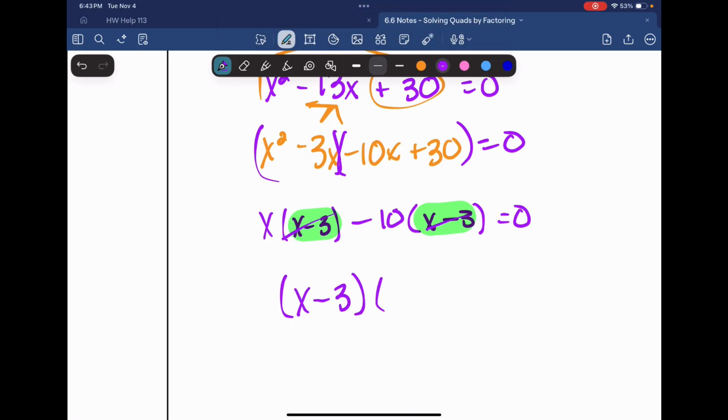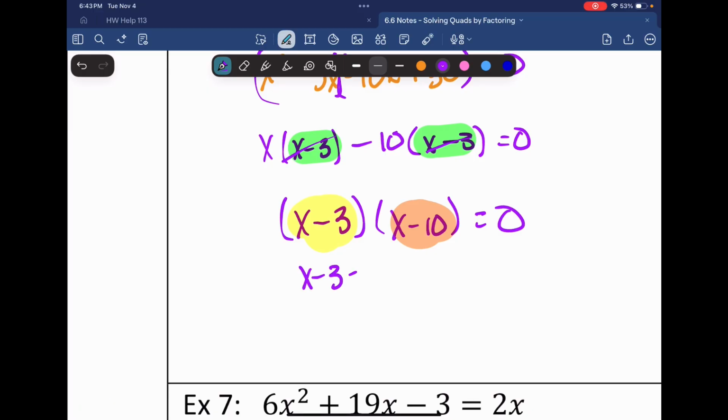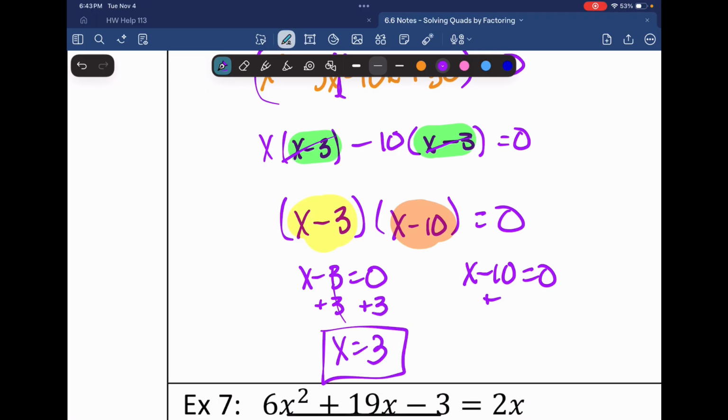And then our second set is the x minus 10. So now that I've factored it out, I no longer see the square, so I can't go any further. Factor 1, factor 2, set them equal to 0, and solve by adding 3 and by adding 10.